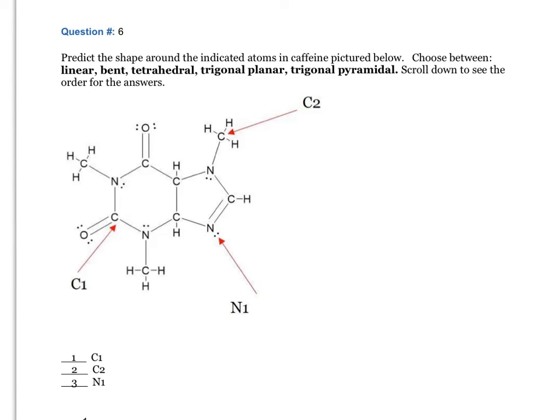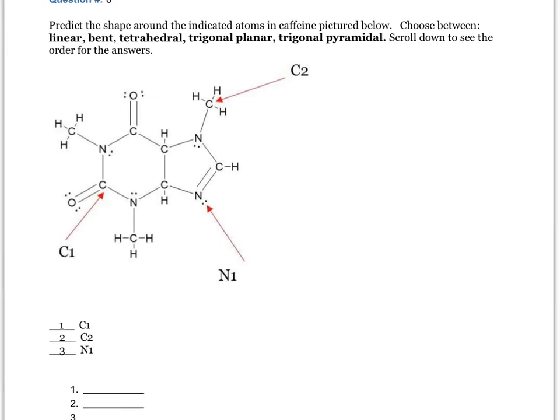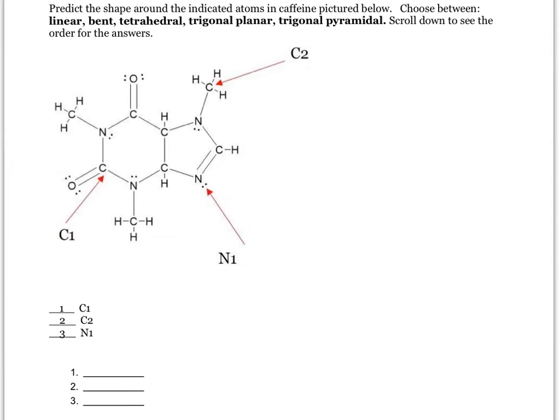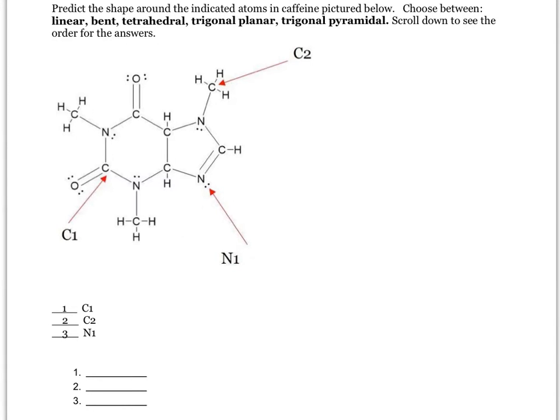C1: 1, 2, 3 groups, 3 atoms, no lone pairs, trigonal planar.